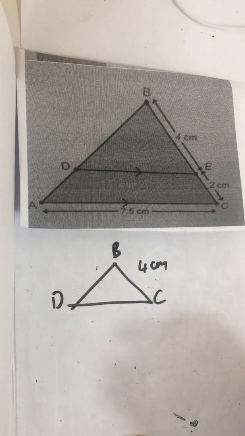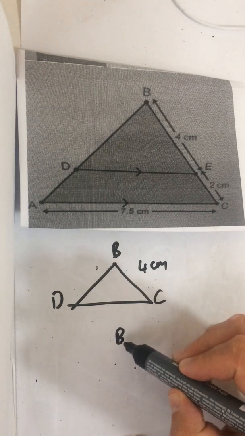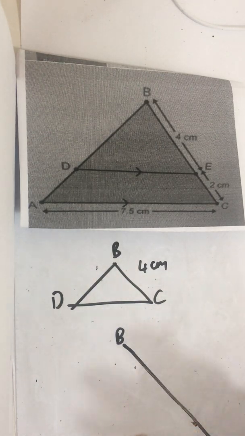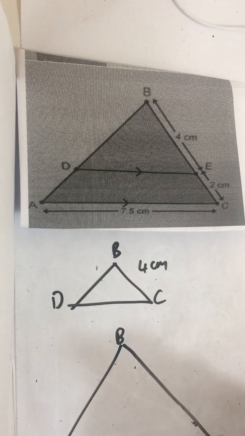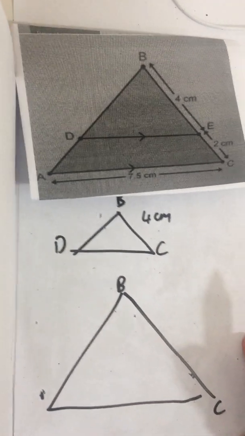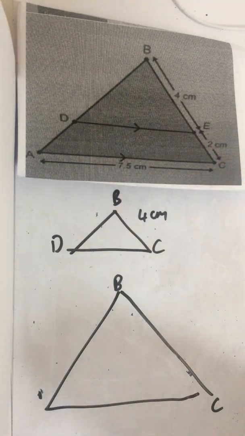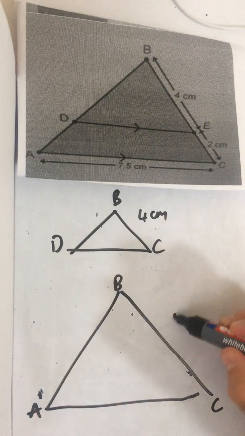And then on the whole thing, we're going from B all the way to C, and then all the way down to A. We can see all the way down here, so we know that this is going to be 6.